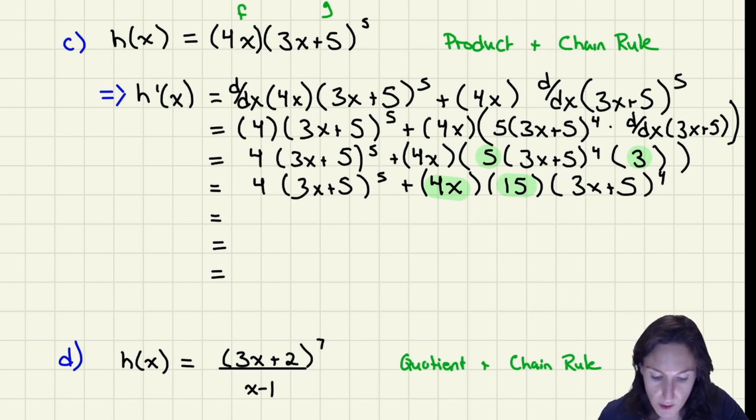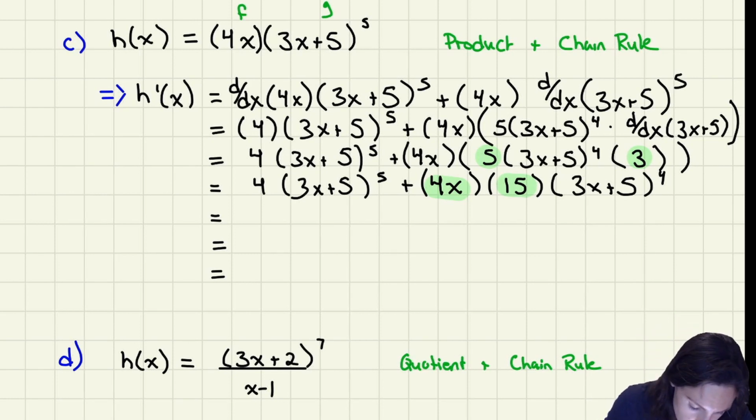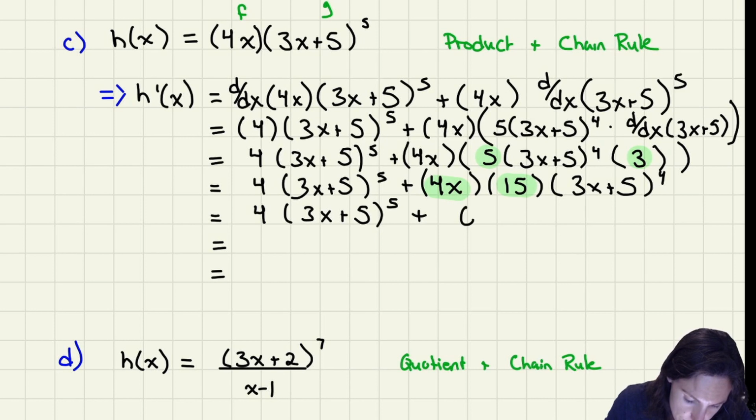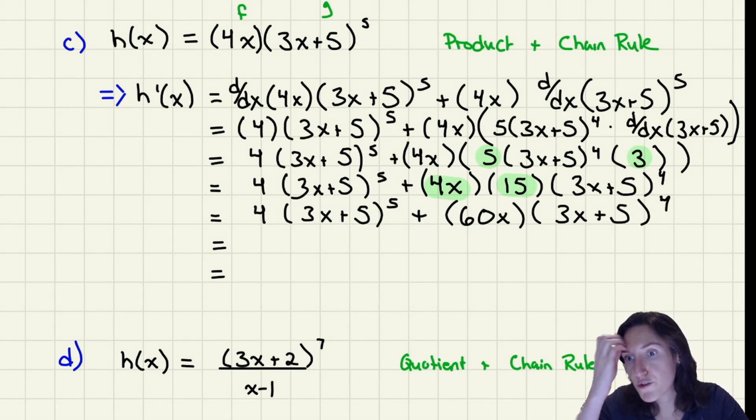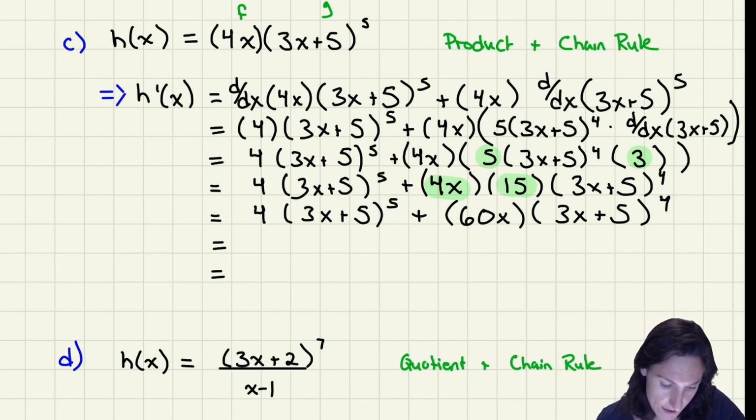Okay, so that would be what? 4 times 15, so that's 60x. So (3x plus 5) to the 5 plus 60x times (3x plus 5) to the 4. Now, if I asked you to fully simplify this, what we could do is we have a (3x plus 5) to the 5 and to the 4.